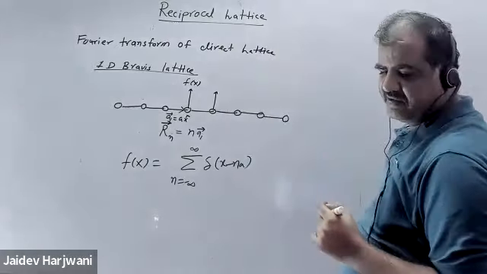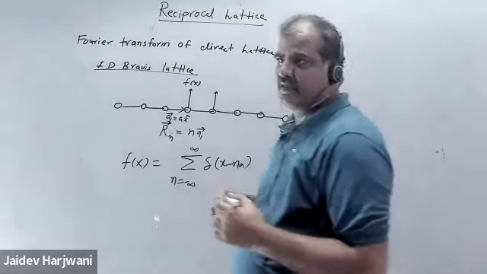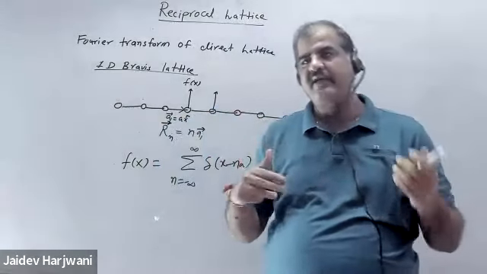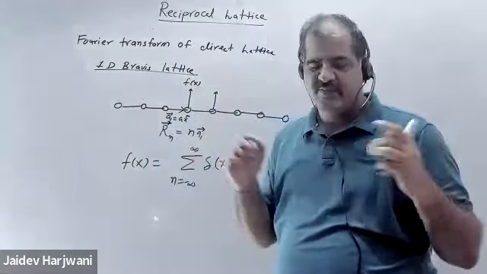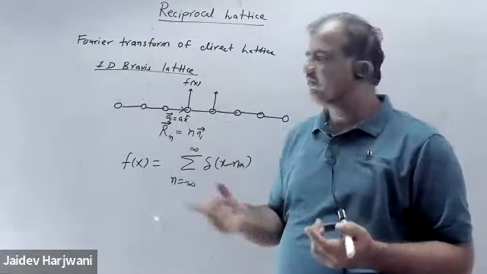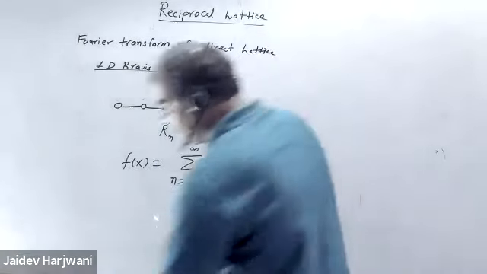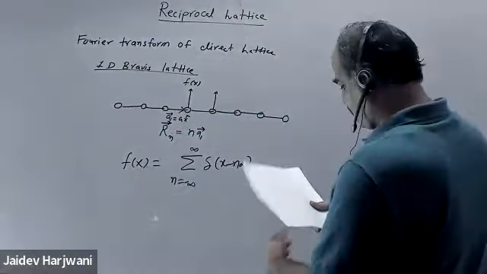That means if you have a one-dimensional lattice and take its Fourier transform, you again get a one-dimensional lattice. The reciprocal lattice of a one-dimensional direct lattice is again one-dimensional. That I want to show. So just take the Fourier transform of this function.